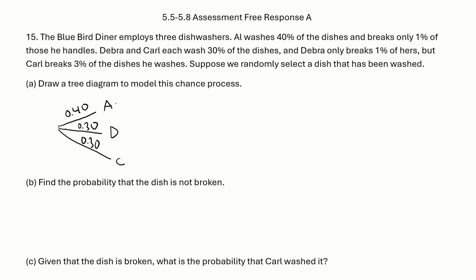Now, of the dishes that Al washes, he only breaks 1%, so we'll put B for breaks, B prime for not breaks. That means 99% of the dishes he does not break. Deborah, same thing, 0.01, and then 0.99. And for Carl, he breaks 3% of the dishes, so 0.03, which means that 97% of the dishes are not broken. Okay, so there's a tree diagram for the process.